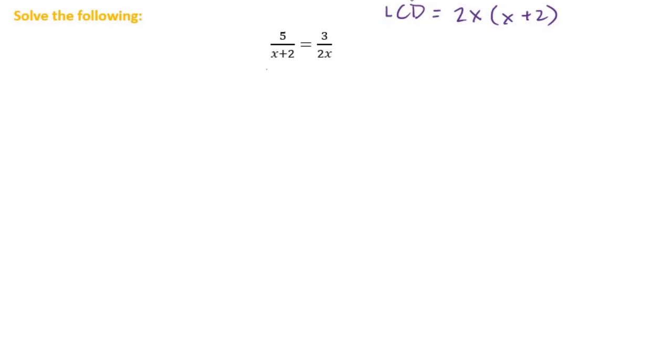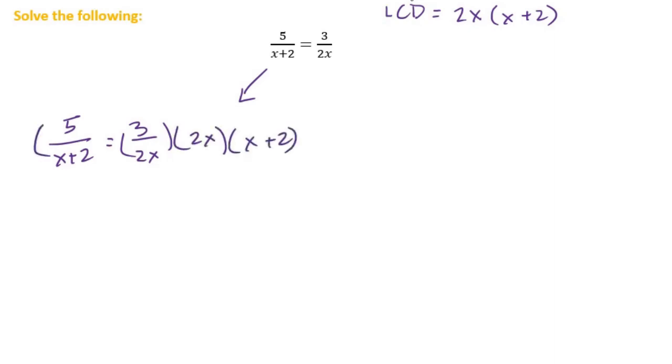All right, what would we normally do? Well, we would take both sides, the 5 over x plus 2 and the 3 over 2x, and we'll multiply those by the LCD. So by 2x, by x plus 2, on the left by 2x, and by x plus 2.